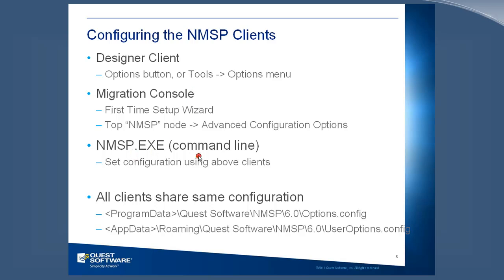All the utilities do share the same configuration file. Here's the location, if you ever need to know that, where we keep our config files. This is the main one, options.config, under your program data directory. And this is where we're going to put most things. We have a few other things in the program data folder, such as the report design files and so on.